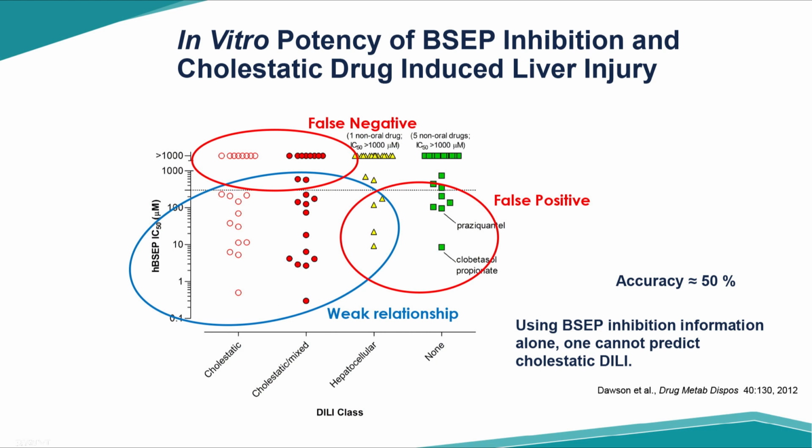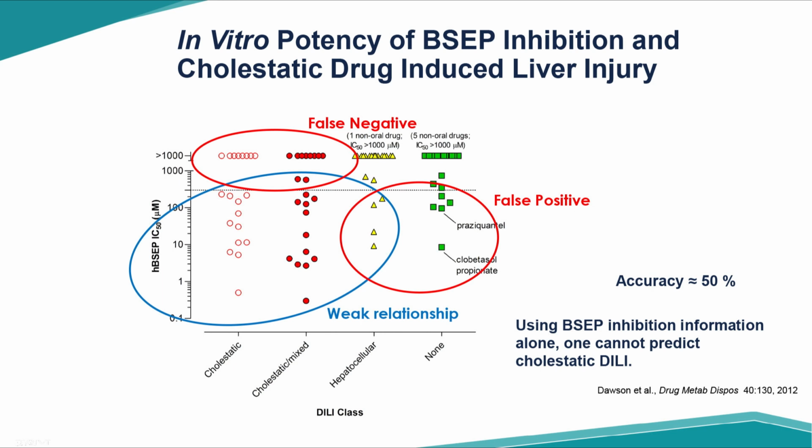But as the data began to come out, and this is a publication by Sarah Dawson, who was at AstraZeneca at that time, I'm not sure she's there yet, they did a correlation between the IC50 for human BSEP and the different classes of DILI. You can see here there's a very weak relationship between BSEP inhibition and cholestatic or different types of hepatotoxicity.